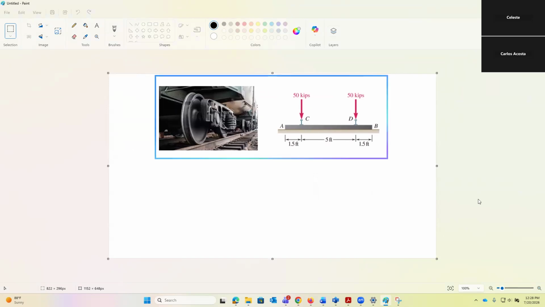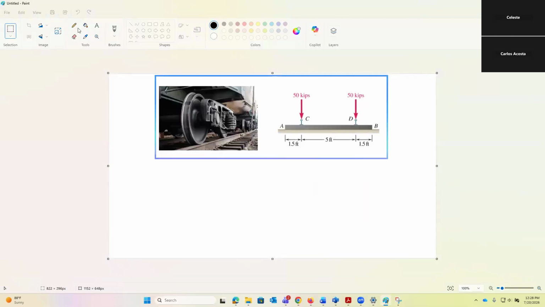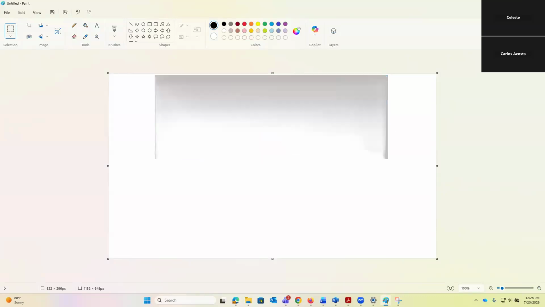So when they're designing the railroad, how come I'm not able to write on this? What happened?